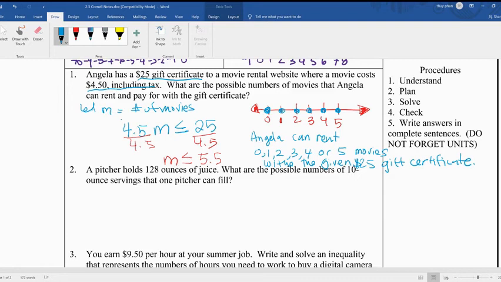So although our answer is m is less than or equal to 5.5, because there's context to the problem, we want to make sure it makes sense.